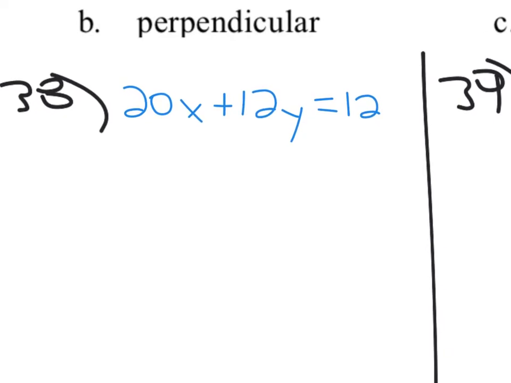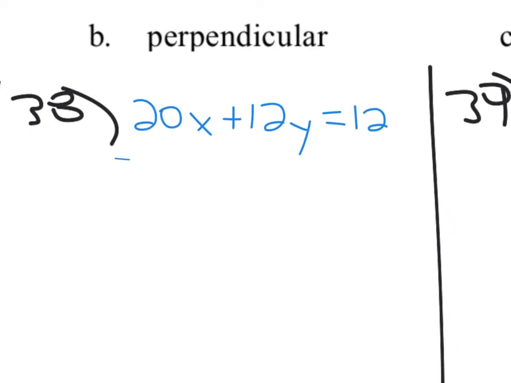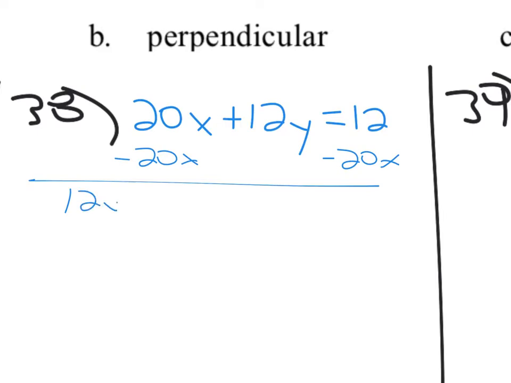Okay, move that over here, and I'm going to solve for y. So subtract 20x, subtract 20x, and we get 12y equals negative 20x plus 12.